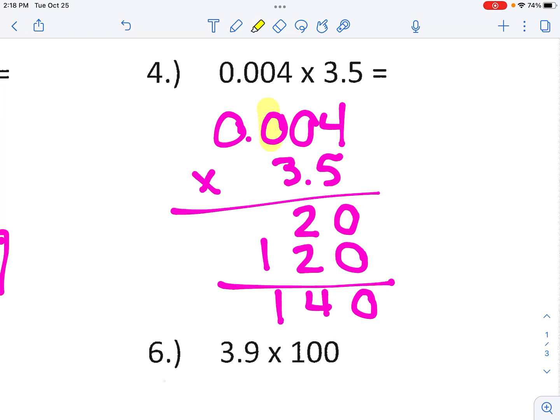We had 1, 2, 3, 4 numbers behind the decimal in the problem. Now, pay close attention to this one. This one's a little different. We had 4 digits behind the decimal. 1, 2, 3, 4. So for that 4th digit, I have to put a 0, and the decimal will sit in front of that number.